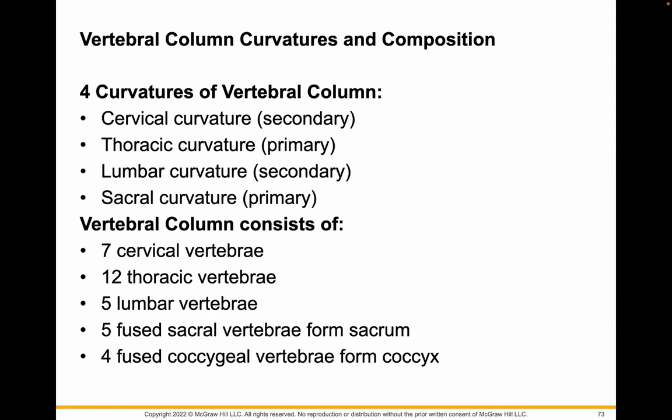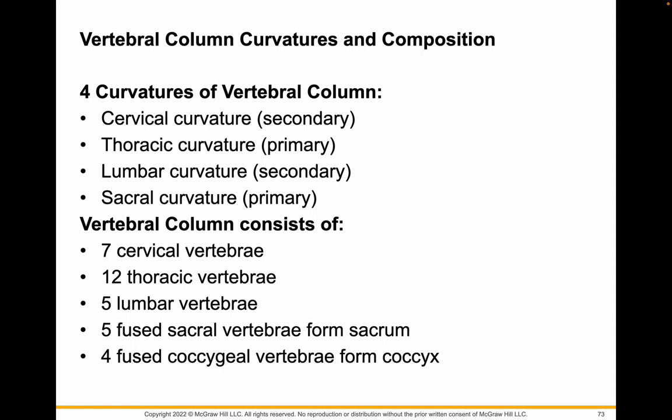Now we have these different curvatures. There's the cervical curvature, the lumbar curvature, and the thoracic curvature and the sacral curvature. Now I said those out of order because, well, I don't know why, but there's primary curves and there's secondary curves, and that's just saying that the cervical curvature and the lumbar curvature curve the same way, and the thoracic and the sacral curvature curve the same way. And we'll look at that.